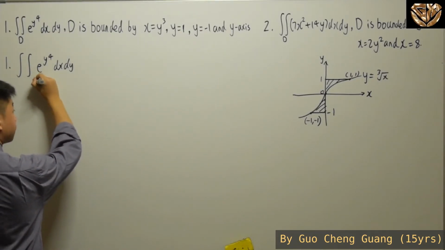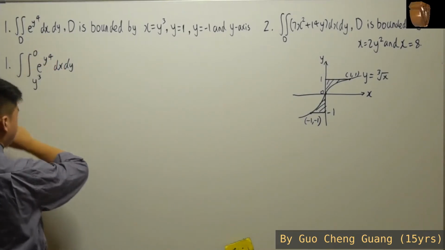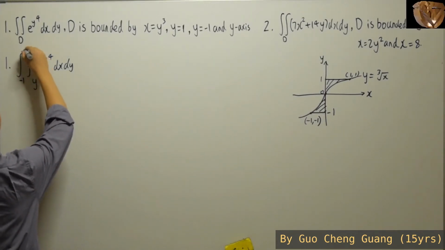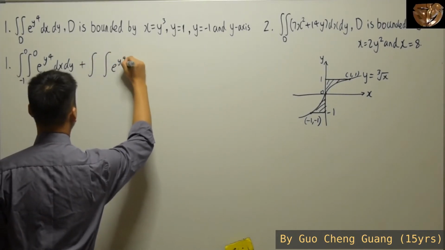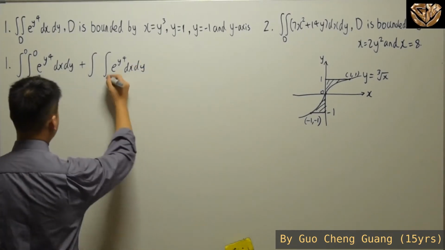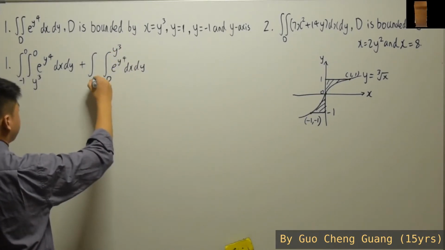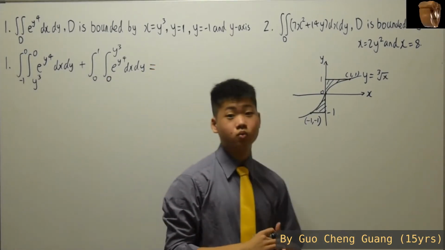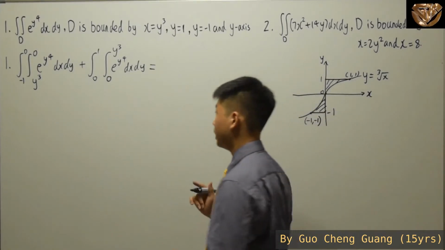So from y cubed to 0, and here you have the y range of -1 to 0, while the other part, when you integrate with respect to x first, will be from 0 to y cubed, and here you have y from 0 to 1. Alright, so this is what you will have. Now we can integrate for both parts already.